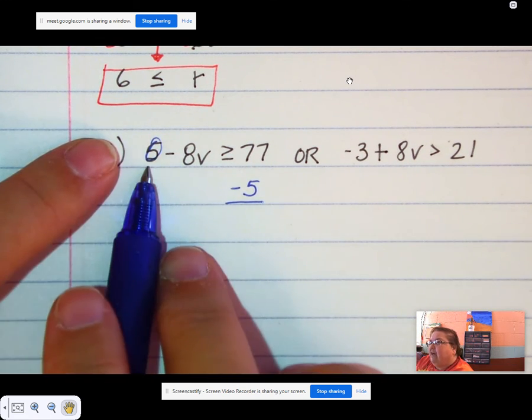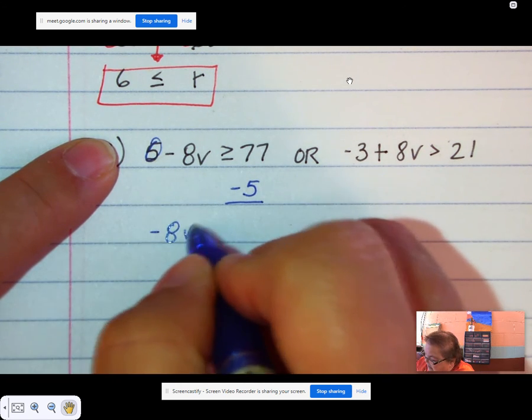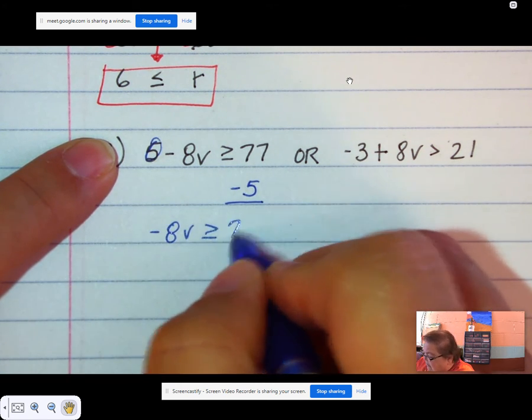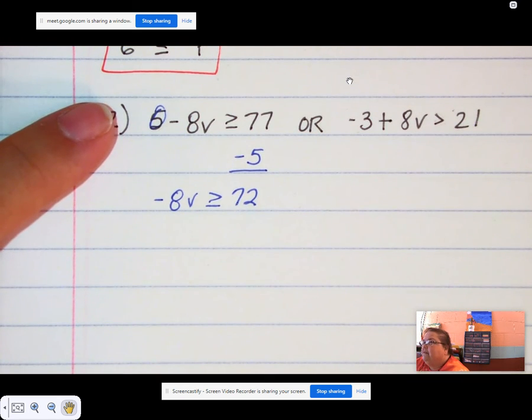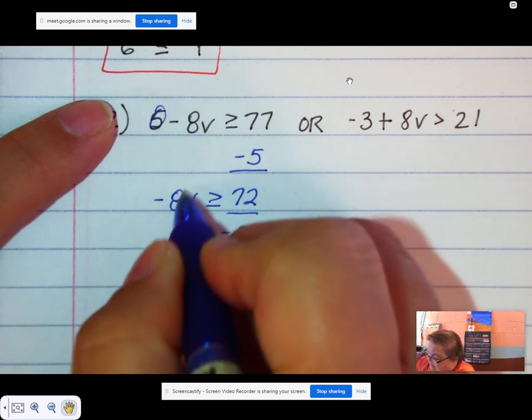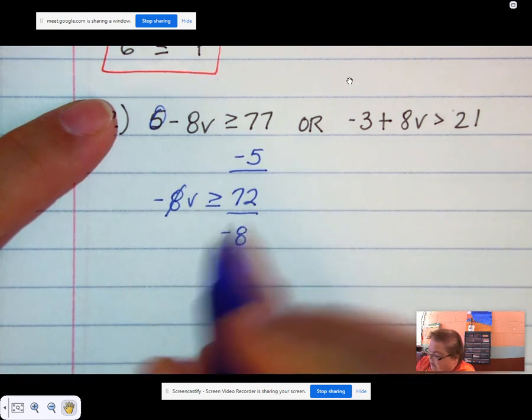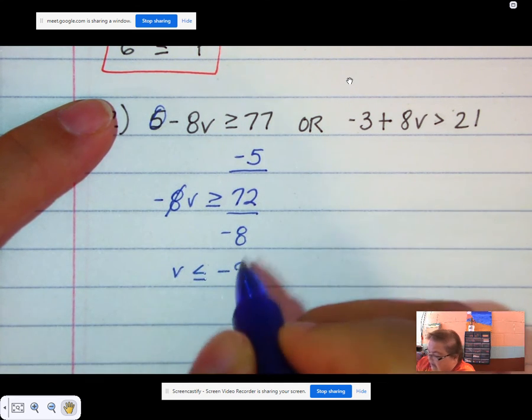Subtract 5 from the other side, that makes that one a 0. -8v is greater than or equal to 72. Divide by -8, makes that a +1. V is less than or equal to -9.